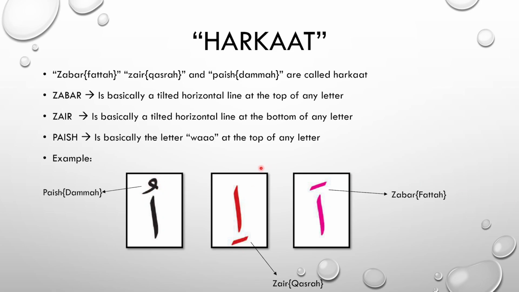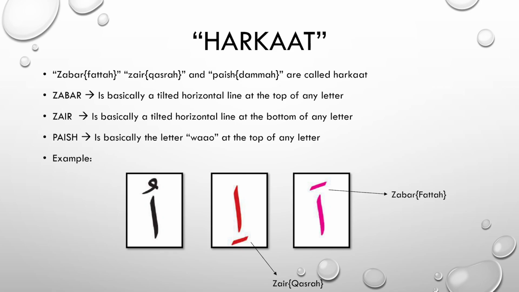Now the question is, how do we pronounce this? So we have Fatah, Qasra, Damma. Fatah is Zabar, Zair, Pesh. So if we talk about this Alif, if there's a Fatah, we are going to recite it as A, I, U. So whatever letter that you have, it is going to be a very good practice if you practice this with every alphabet of the Arabic language.